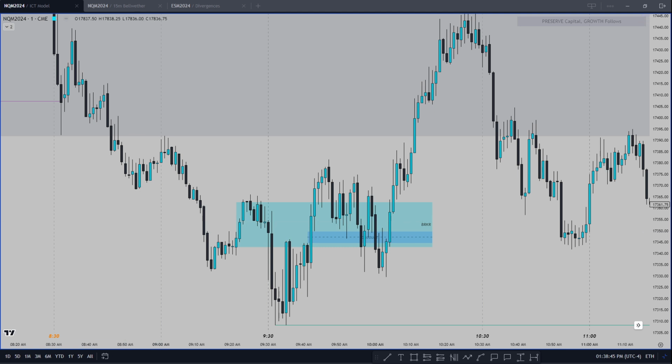And once you learn those, you go into the PDA matrix. There are specific order blocks that hold and specific PD arrays that hold stronger than other ones, which you can find in this video there.